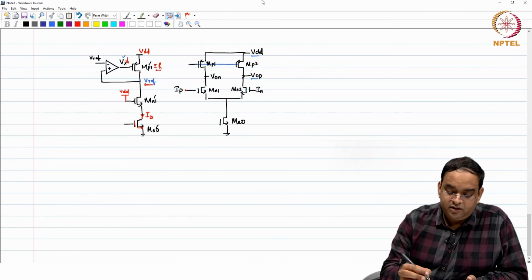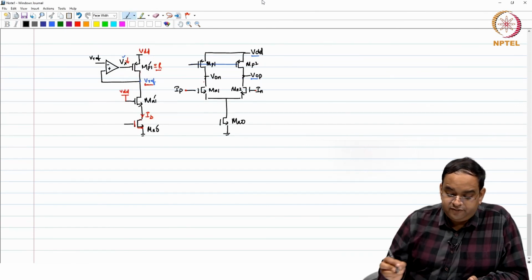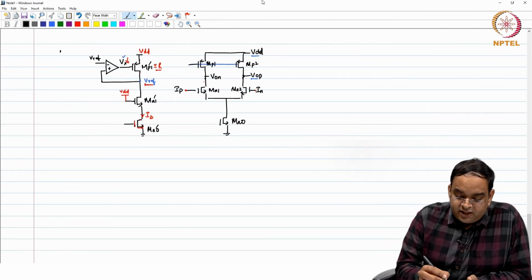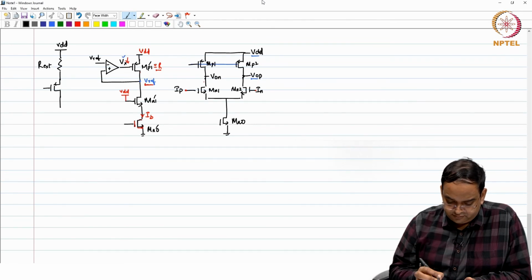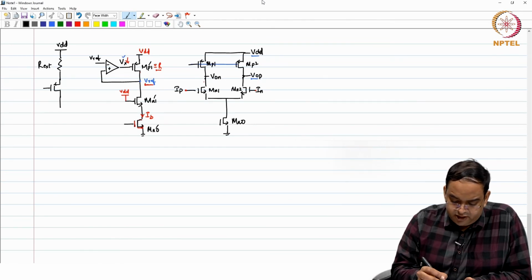And how do we do it? Well, we can have an extra poly resistor here. Let us call this R external for a while, and you have a PMOS with a diode-connected NMOS at the bottom.